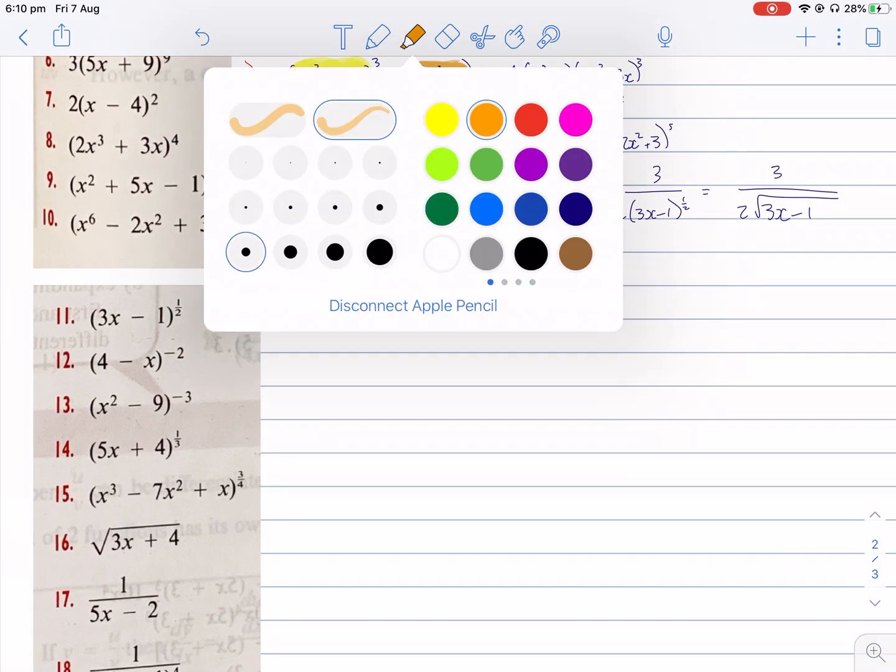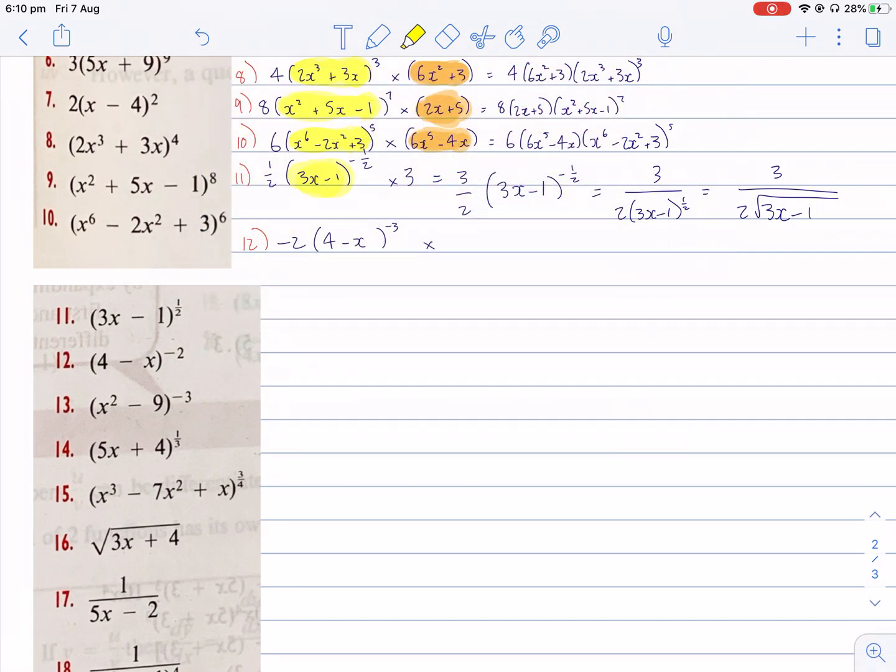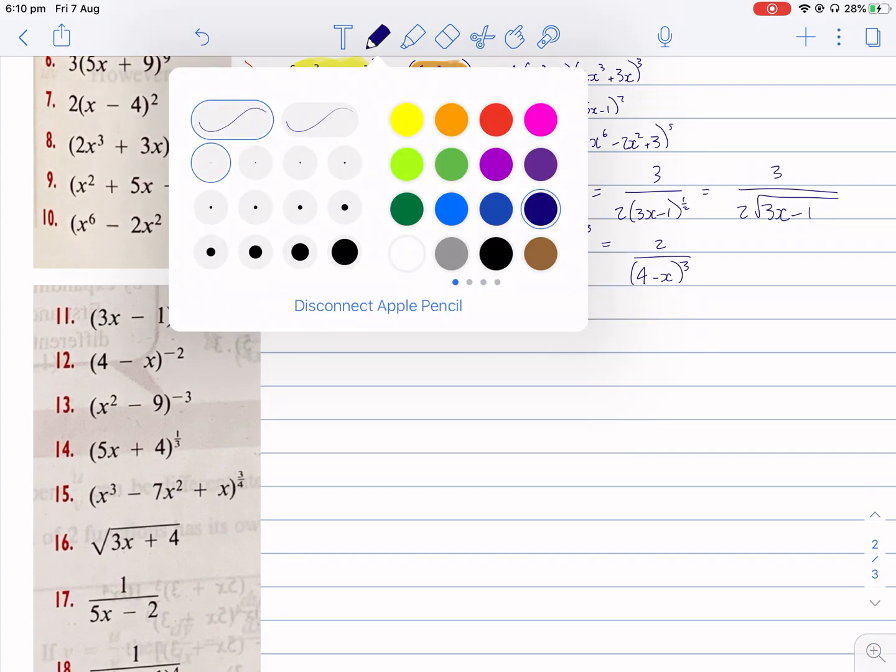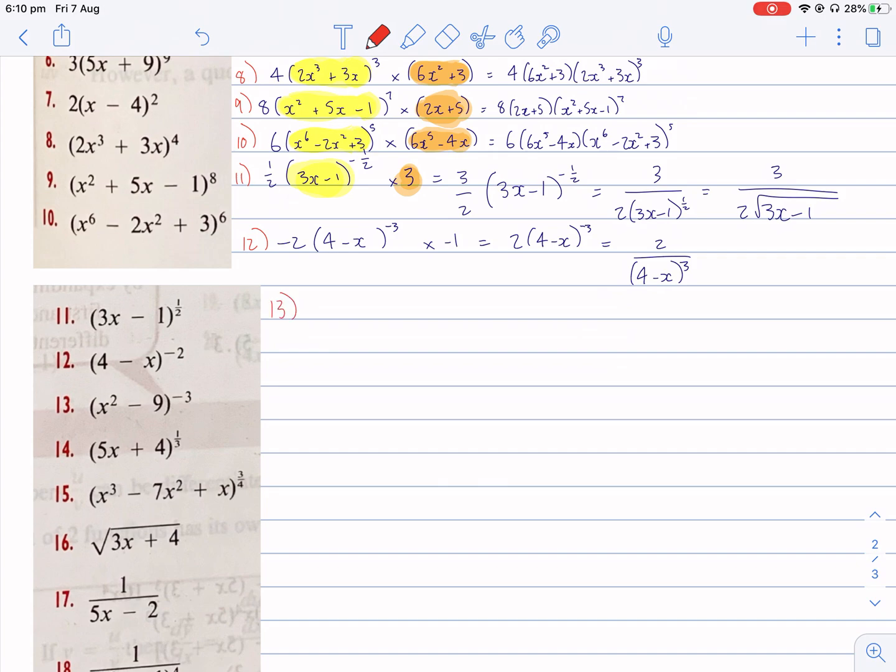I forgot to color code the one above, hang on. Which is negative 1, means we've got positive 2, 4 take x to the negative 3, which means we've got 2 over 4 take x cubed. 13. We're raising something to the negative 3.